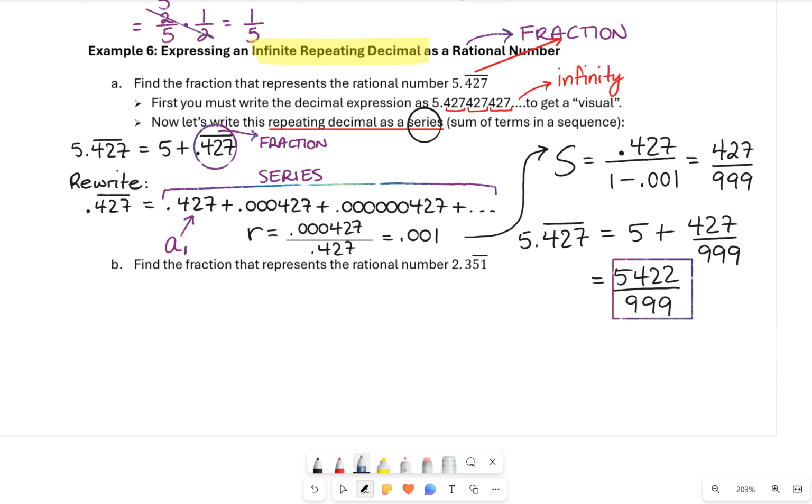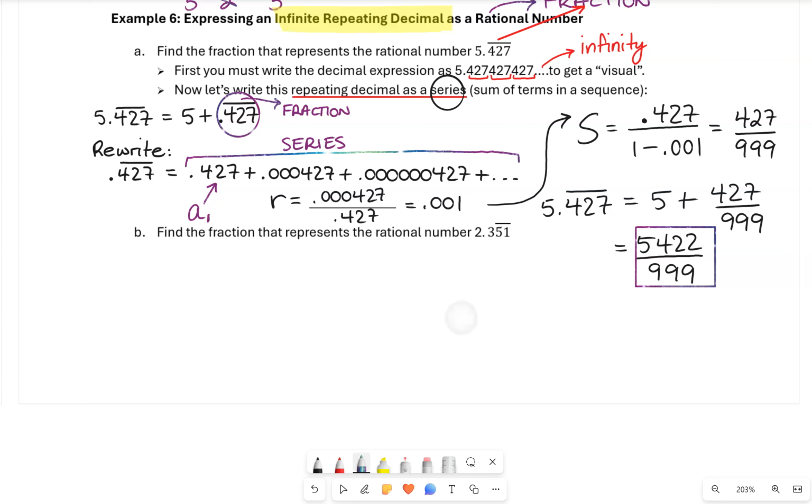Okay. For part B, I'm just going to start you out on this problem and let you work it out. But look at the difference with this one. Your problem was 2.351 repeating, just the 51 is being repeated.